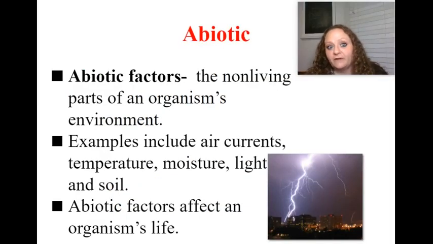Another term I wanted to define explicitly for you is abiotic. Now, a usually means not, bio means living. So, abiotic means something that's non living. There are so many non living factors in an organism's environment. For example, things like temperature, water, soil, light, air currents, wind.